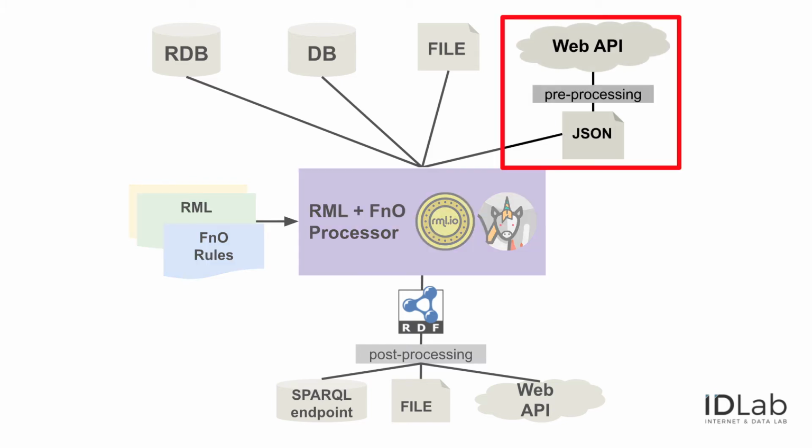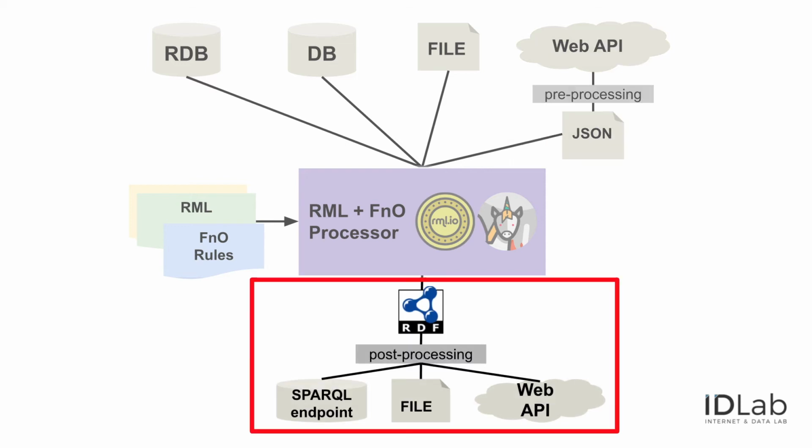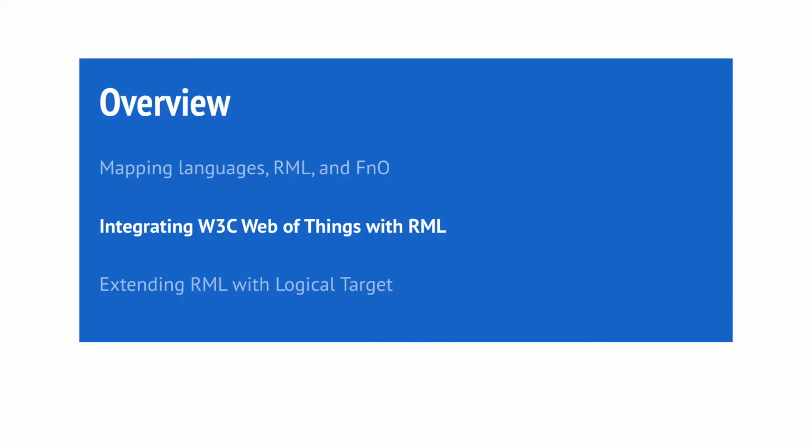But as you can see, there are still two problems left, namely the web API still requires pre-processing and there's still a post-processing script to export the generated knowledge graph to various targets. And these two points are what we are going to focus on now.